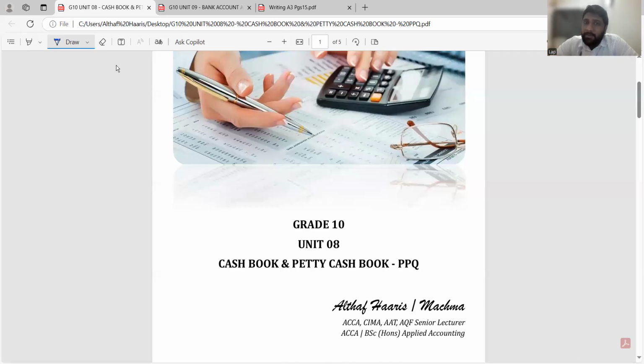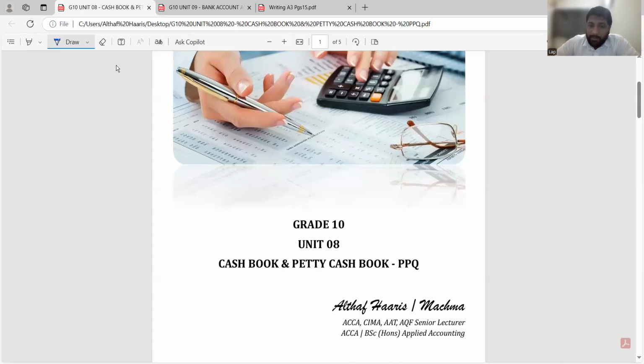Then we'll finish off the past paper questions from grade 11 business studies, because for grade 11 business studies we are done with the syllabus. Now we have to start the accounting part, which is your term 2 things. Whatever is relevant for term 1 is over.